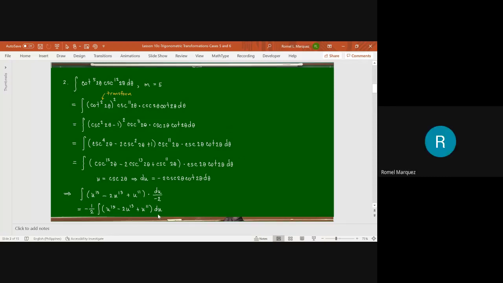Okay, so let's now integrate every term. What's the integral? That is very simple. That is already actually our formula. U to the 15th du. What's the integral?